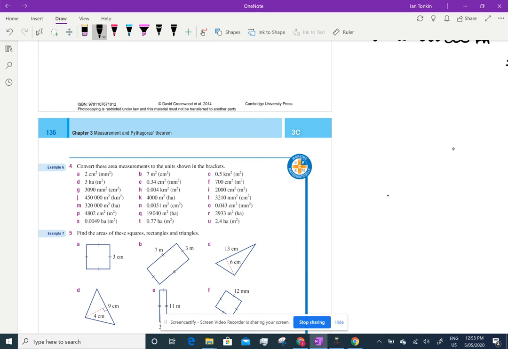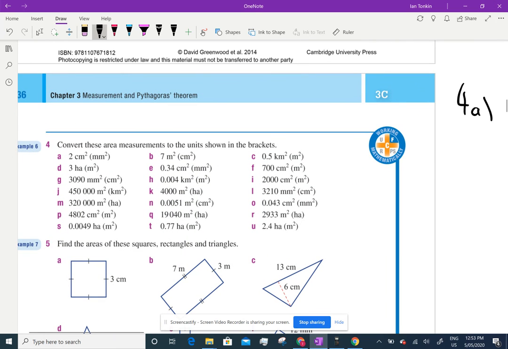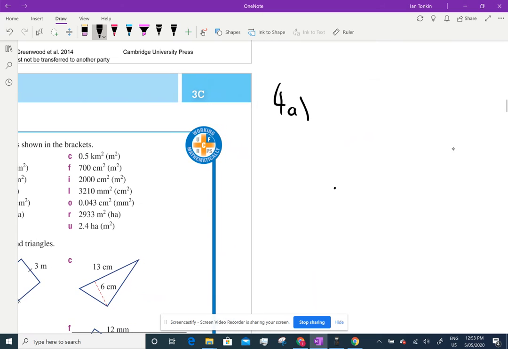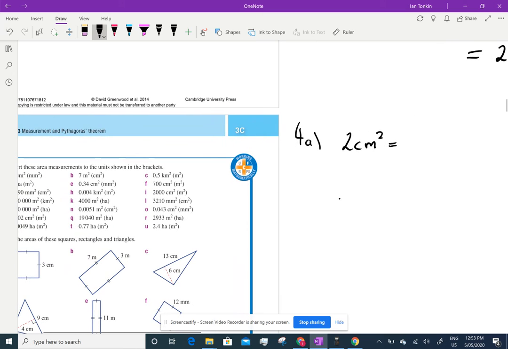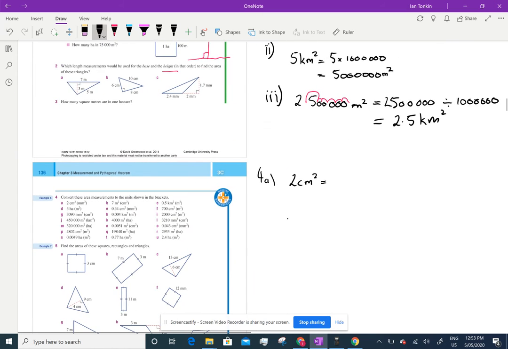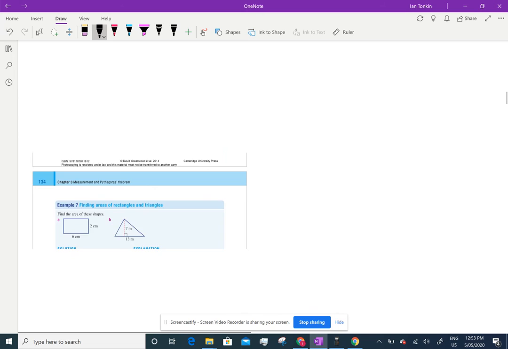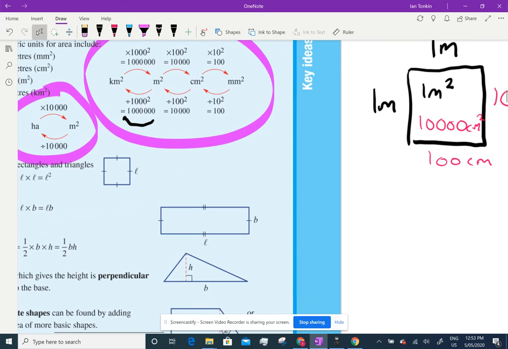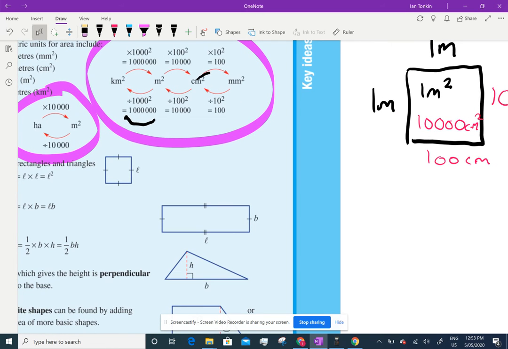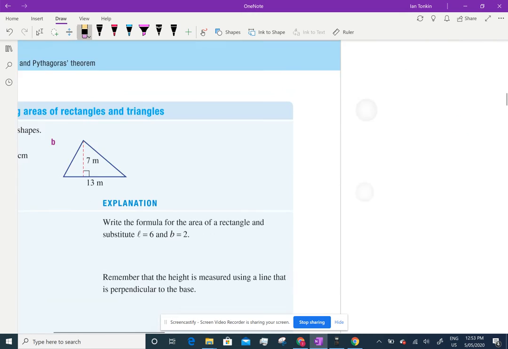Yeah, okay. So 4A, 2 centimetres squared to millimetres squared. 2 centimetres squared equals, well, if I go back here, centimetres to millimetres, that's that way, and I have to times by 100.